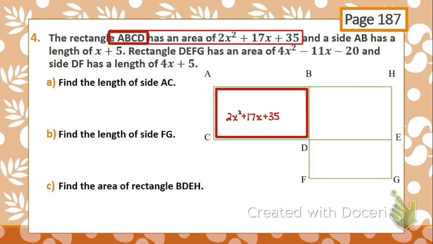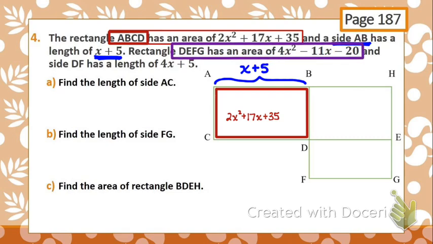What else do I know about this? You're going to have to factor it. Yep. Side AB has a length of x plus 5. So this side right here has this length. Is there anything else that I can fill in this picture? DEFG, they gave me the area.